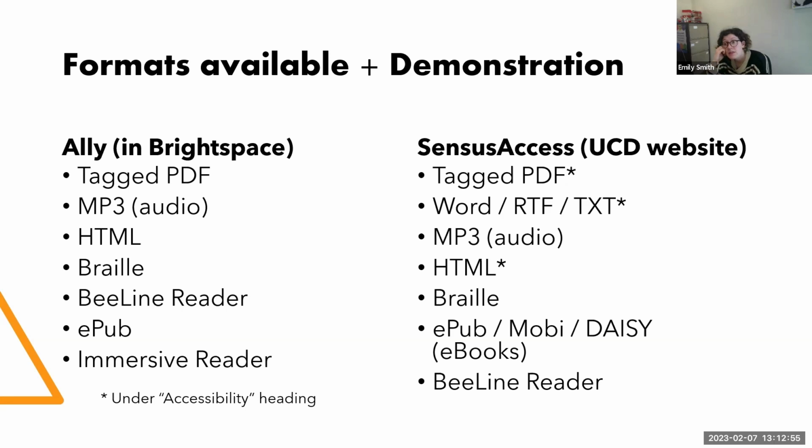It can convert images to text. So if you take a photo of a library book, it can extract the text and put it into a readable format. It does EPUBs again, and it also does Mobi if you have an older Kindle. It does Daisy audiobooks, and it also does the Beeline Reader as well.